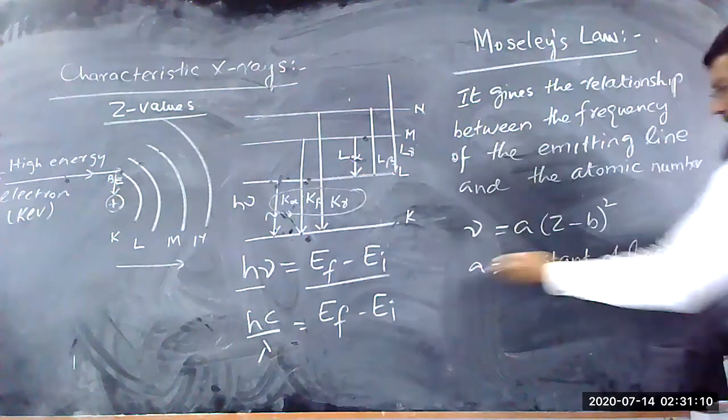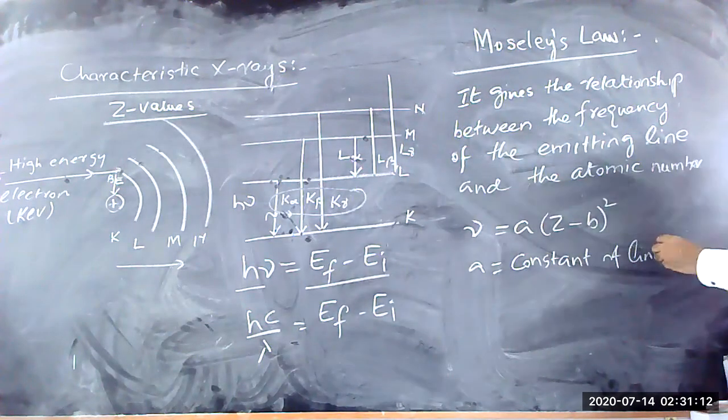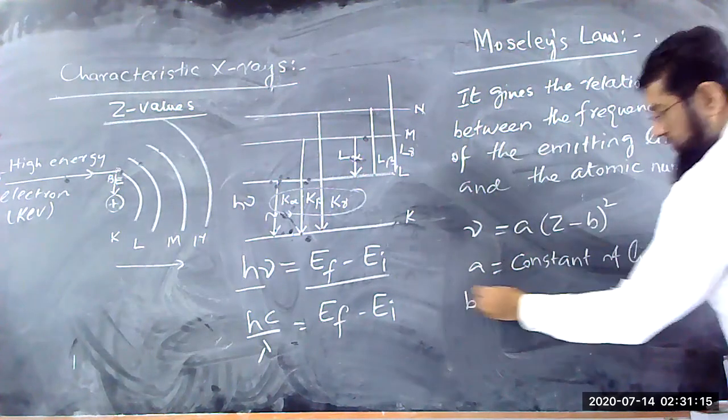A has a constant value. A is some constant factor of the line, and B is also a constant.